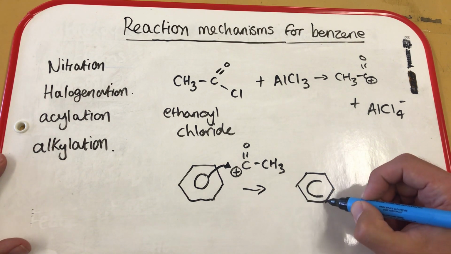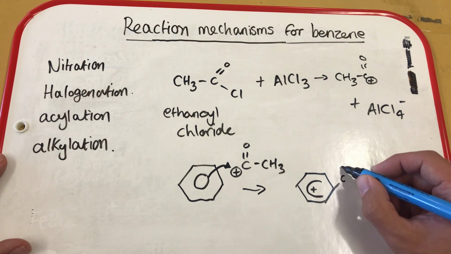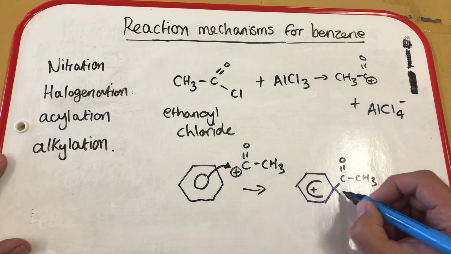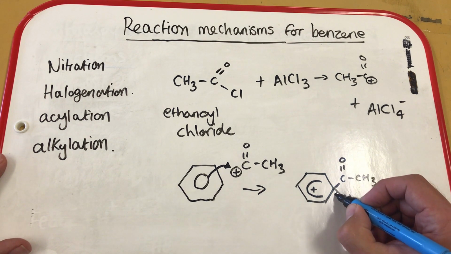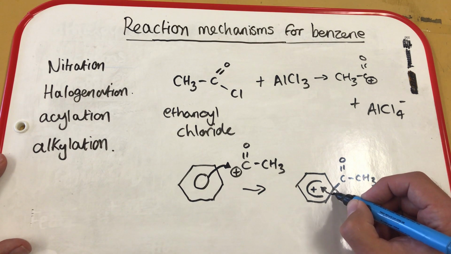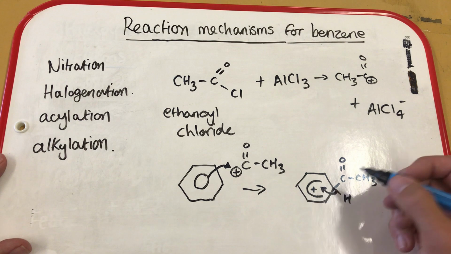Remember, the horseshoe does not go beyond carbon 2 and 6. The bond between the hydrogen and the carbon here will be broken. So I've got my double-headed arrow showing the movement of electrons to reform the benzene ring here.